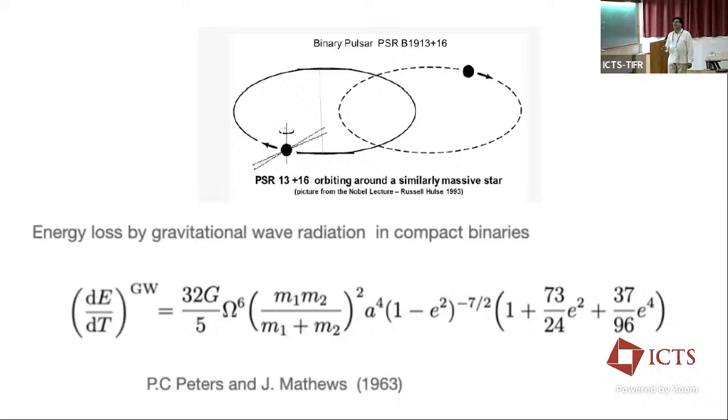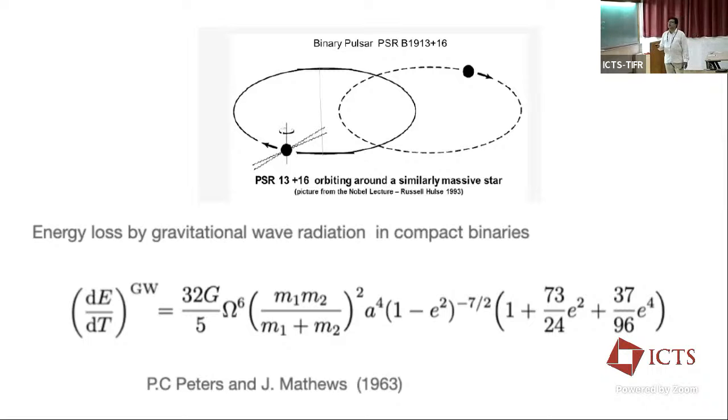So it takes shorter and shorter time to return to the same place for the pulsars. And that they then attributed to the emission of gravitational waves. So these pulsars are slowly radiating gravitational waves.